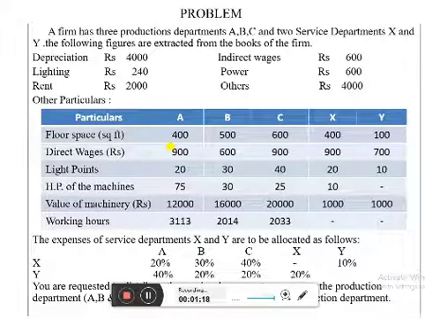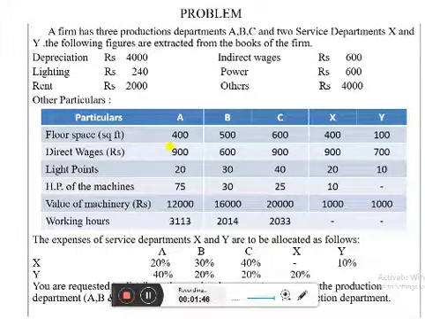Like floor space, it is measured in square feet. For A it is 400, B 500, C 600, X 400, Y 100. Direct wages are 900, 600, 900, 900, 700. Light points are 20, 30, 40, 20, 10.